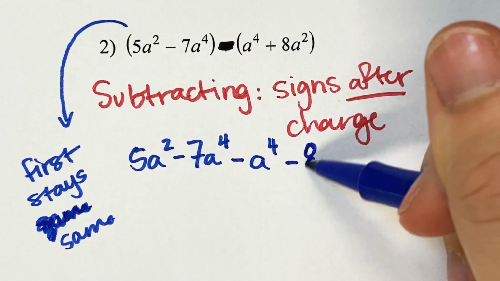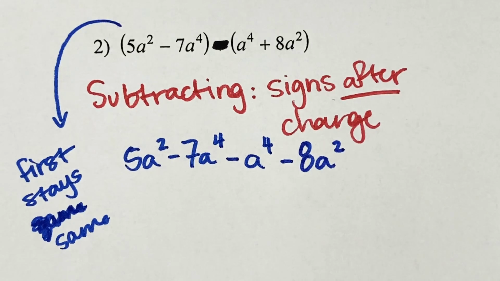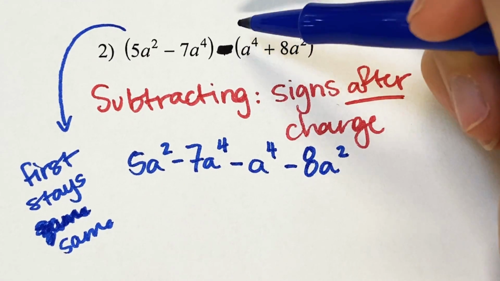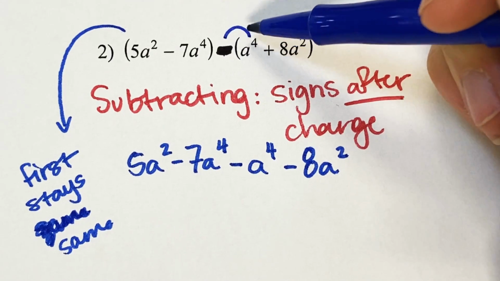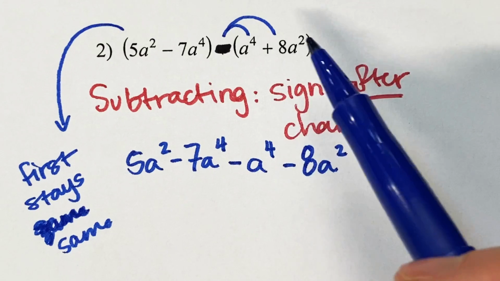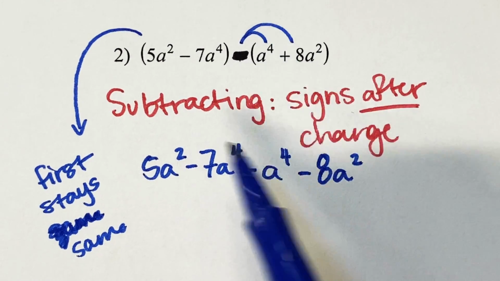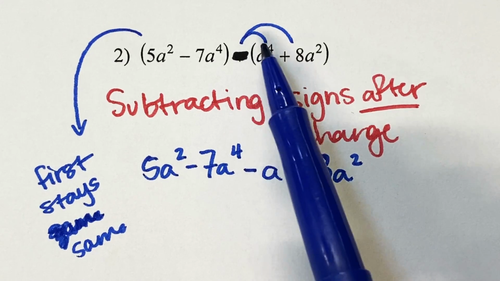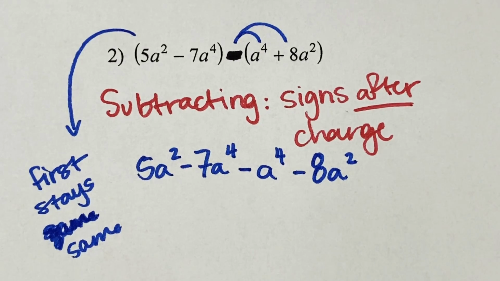Now it's a negative 8a squared. And this kind of goes with what we were learning with distributing. Technically what's actually happening is this negative is distributing, multiplying to both of those terms. That is why it changes. That's why this subtraction sign changes those signs.